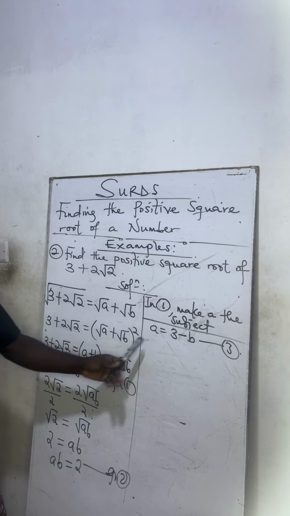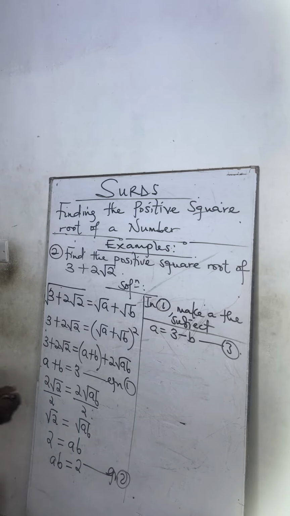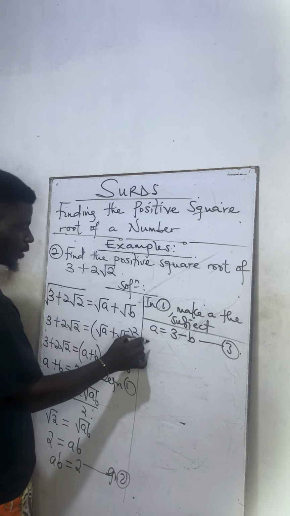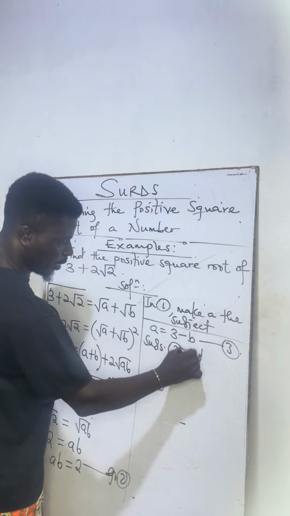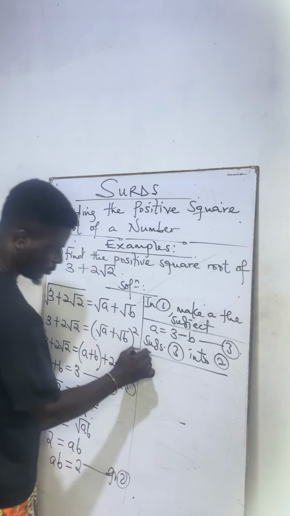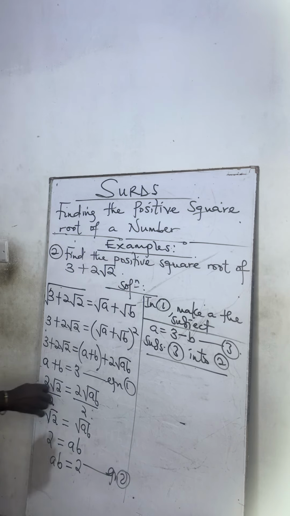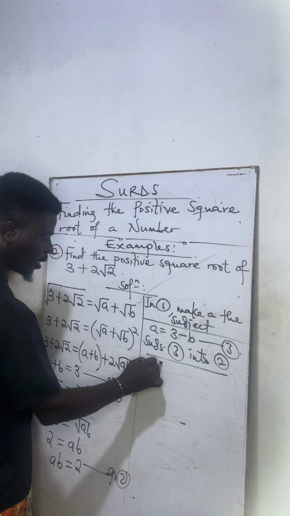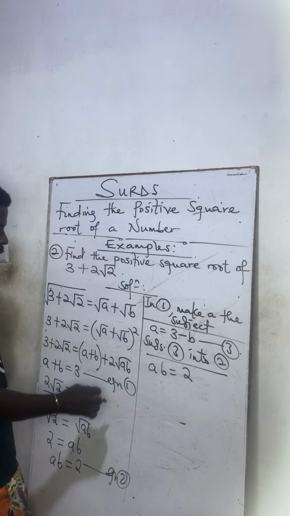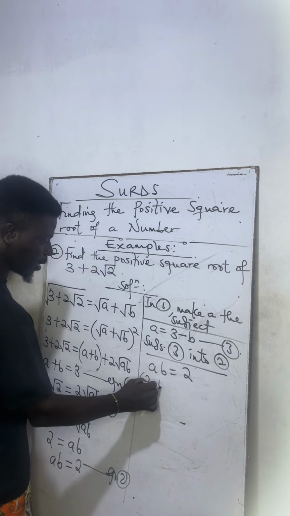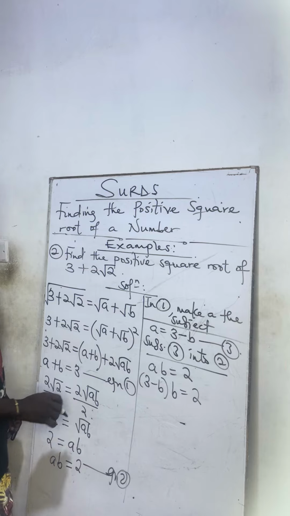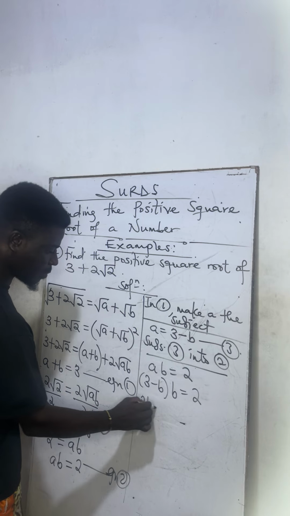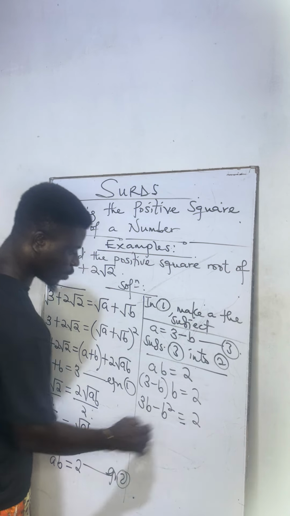Now we substitute equation 3 into equation 2. In equation 2 we have ab equals 2, and a is what? 3 minus b, times b equals 2. Using the distributive property, 3b minus b squared equals 2.